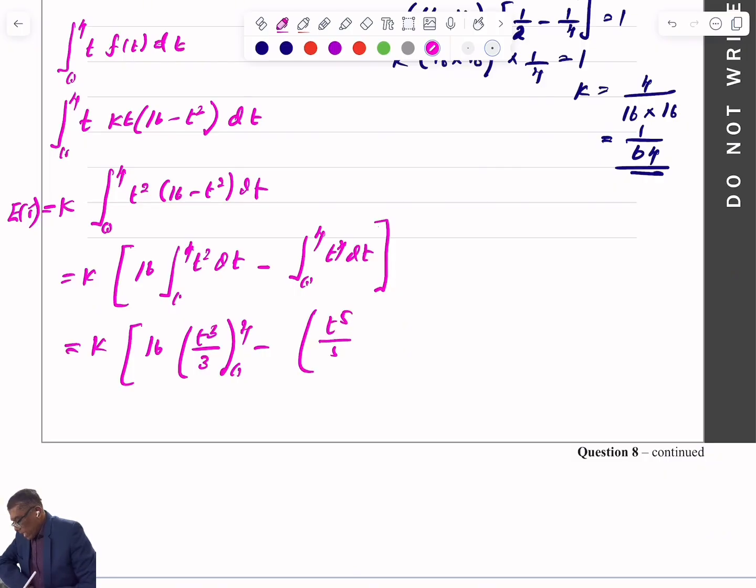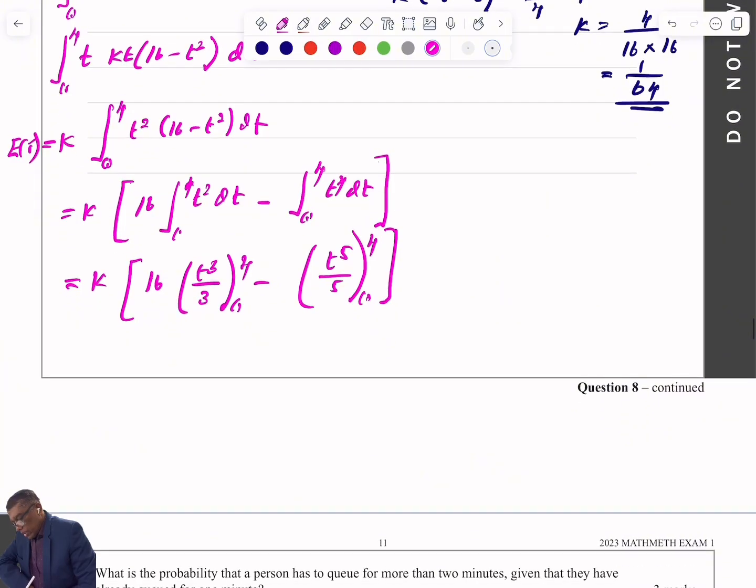We know that k is 1 over 64. 16 times 4 to the power of 3 over 3 minus 4 to the power of 5 over 5.